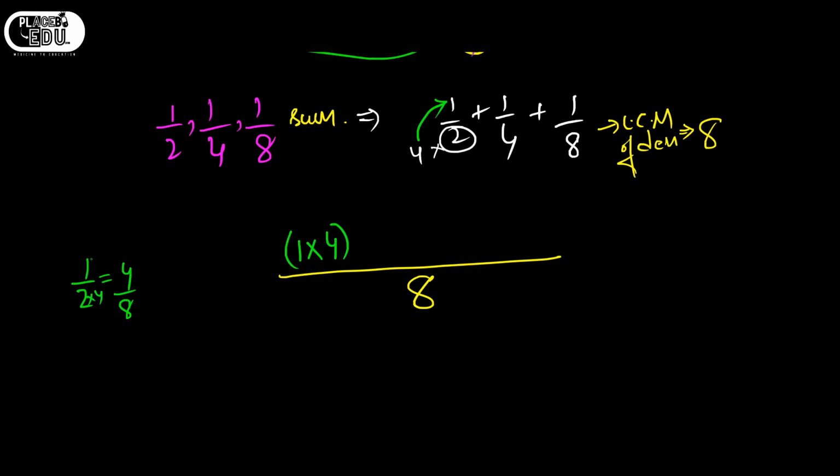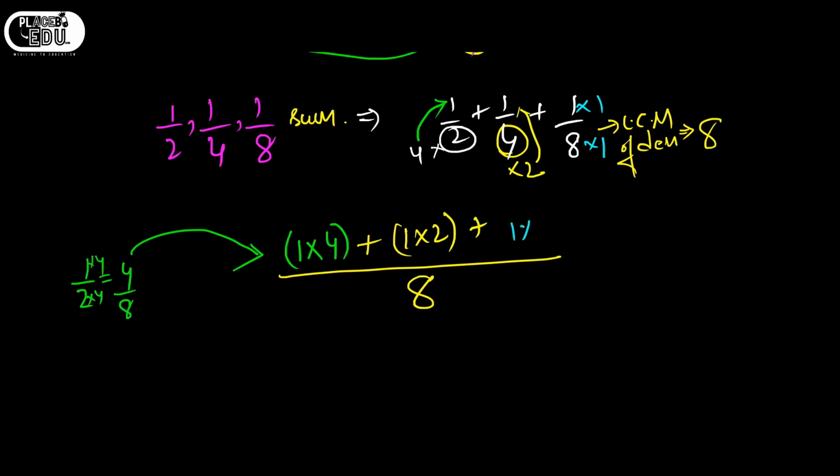The 8 is common and I am just making the numerator. 4 into 2 will be 8, so that 2 should be multiplied here. So 1 into 2. Nice, right? And next, 8 into 1 will be 8. So 1 into 1. Which will be 4 plus 2 plus 1 by 8. That is 7 by 8.